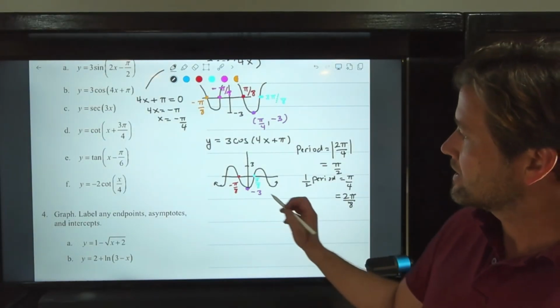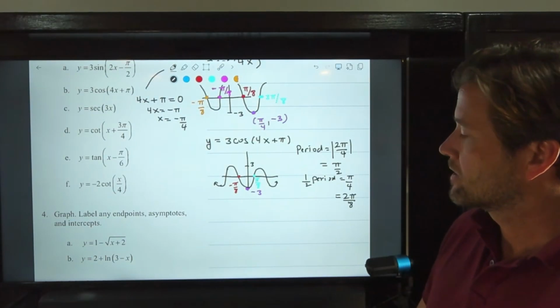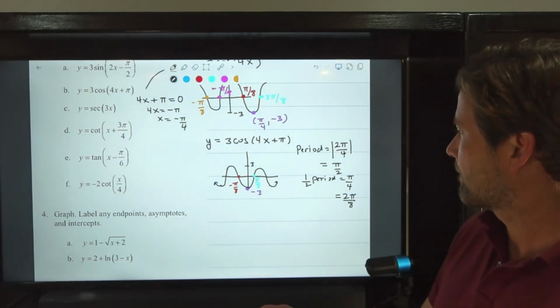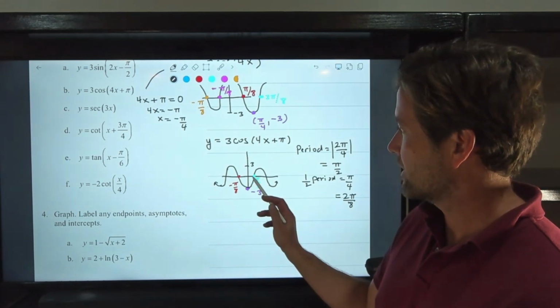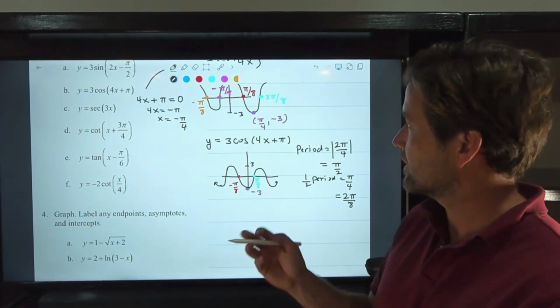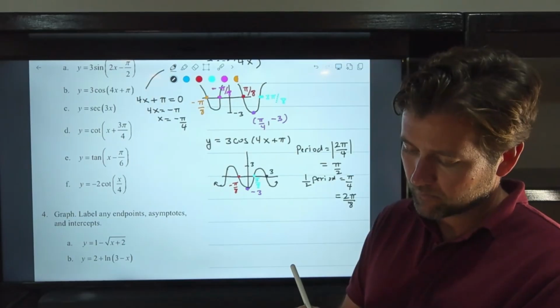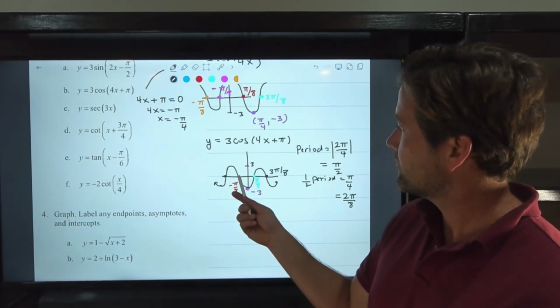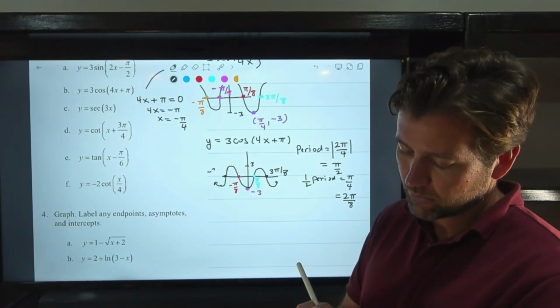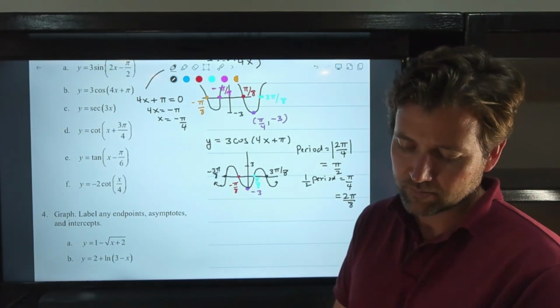So the x-intercepts are half a period apart. So negative pi over 8 plus 2 pi over 8 is 1 pi over 8. Add 2 pi over 8 to that, you get 3 pi over 8. Take away 2 pi over 8 from negative pi over 8, you get negative 3 pi over 8.